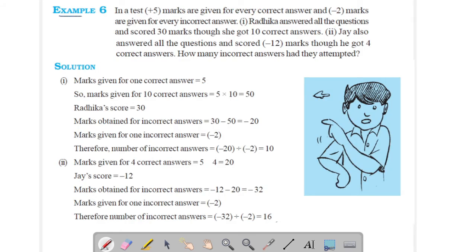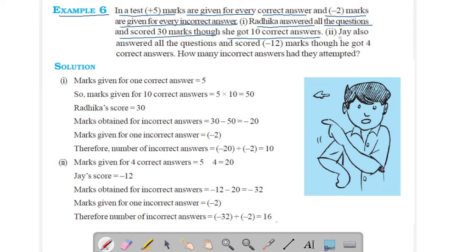Now come to example 6. In a test, plus 5 marks are given for every correct answer and minus 2 marks are given for every incorrect answer. First part, Radhika answered all the questions and secured 30 marks, though she got 10 correct answers.